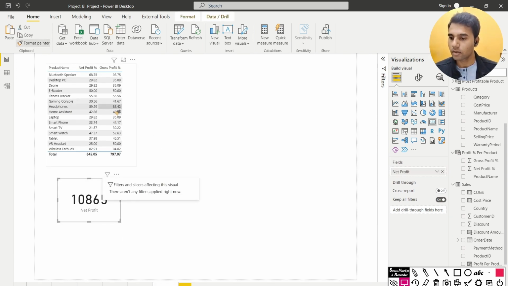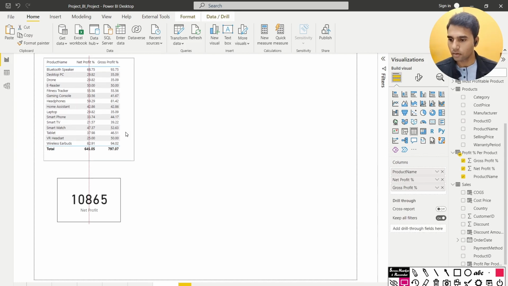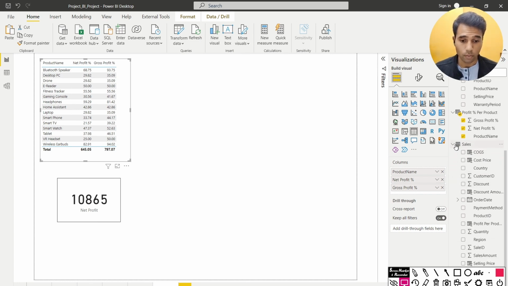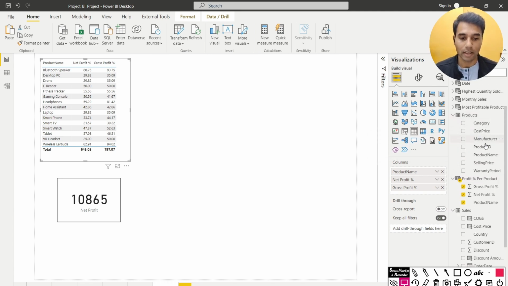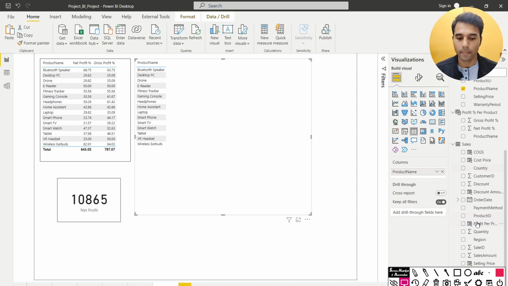So I have this. Okay, so what all do I have from the product and the sales table? Well, actually, we have used the product and the sales values to calculate this. So we actually don't need to verify this, but let's just try. So I pull the product name and I need, what do I need in order to calculate the net profit percentage?